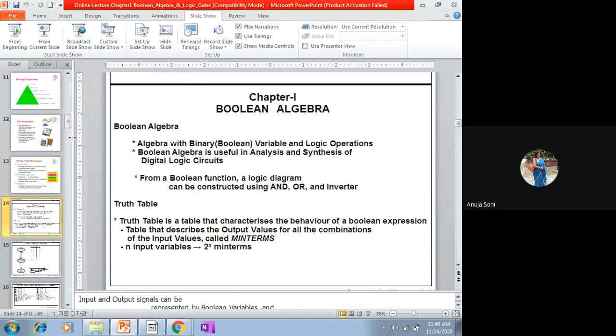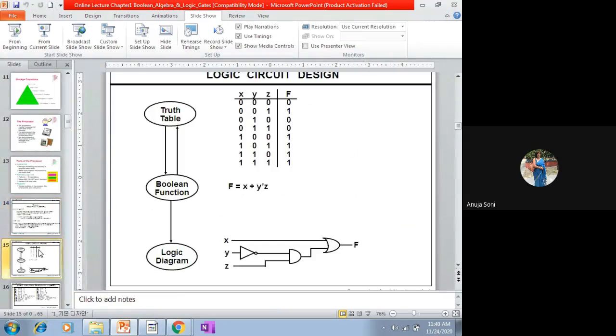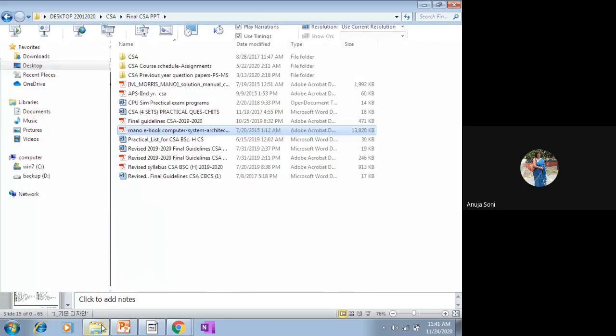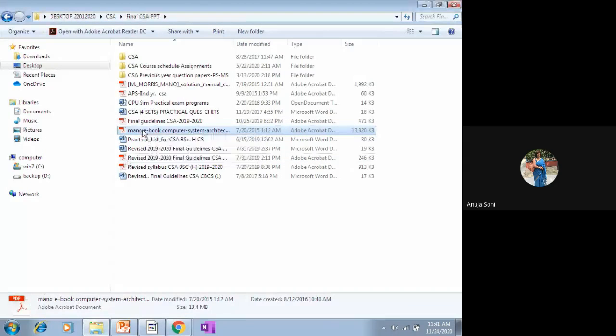First of all, let me share with you the e-copy of your book in which the details of all logic circuits are given.